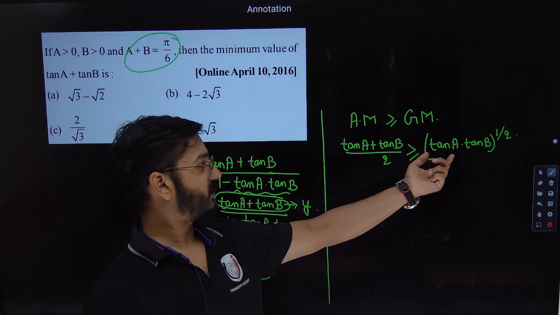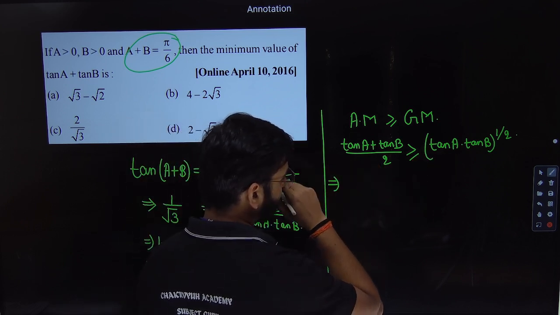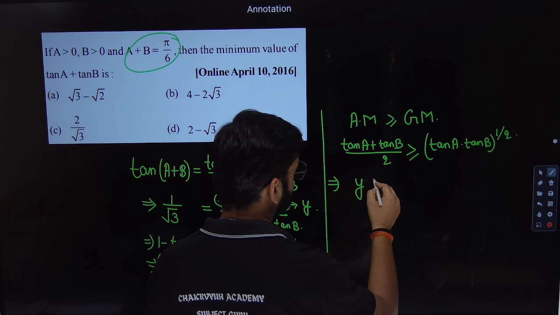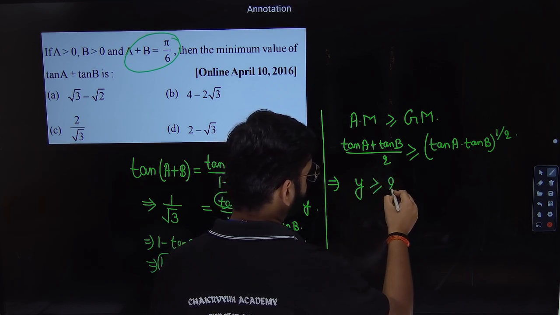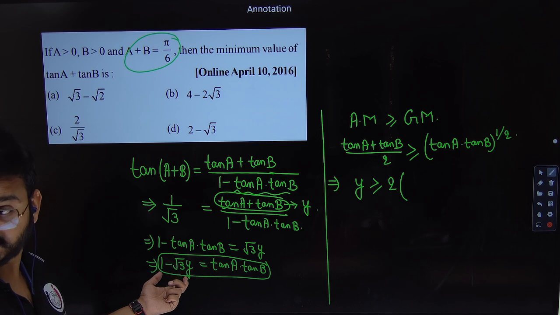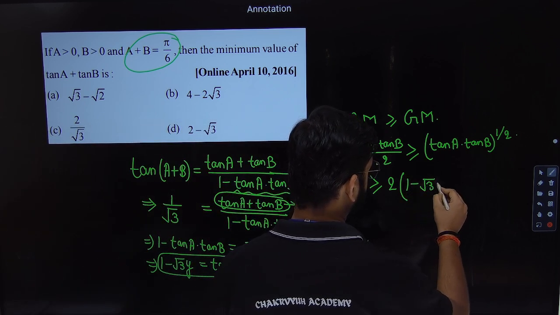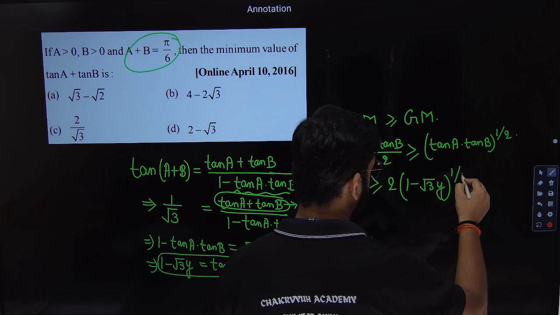What did we take tan A plus tan B as? Y. So y will be equal to 2 times tan A tan B, which is 1 minus root 3 y, to the power 1 by 2.